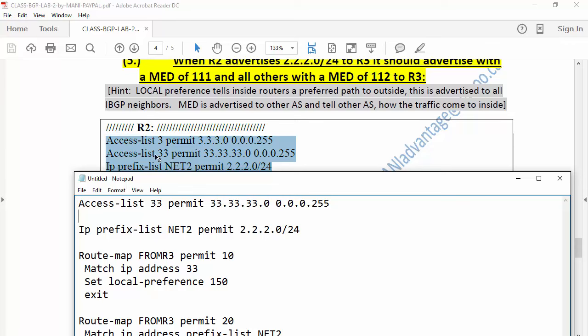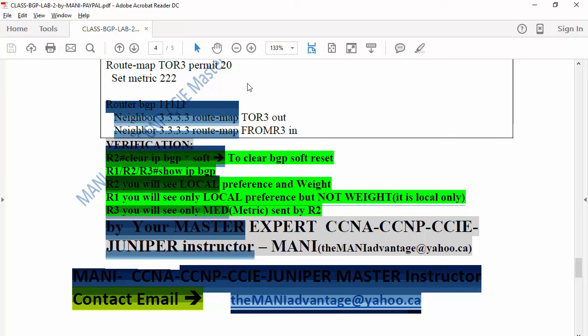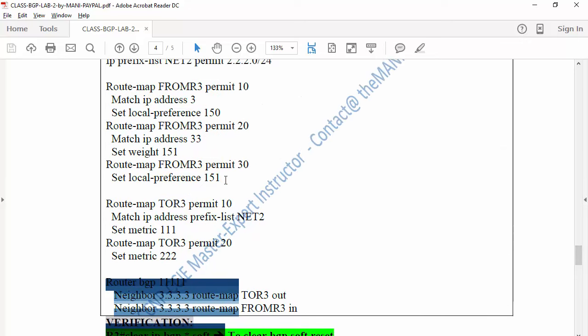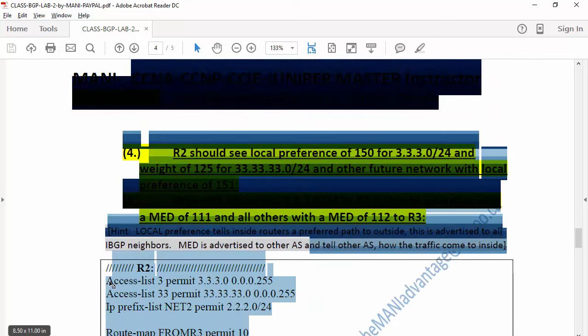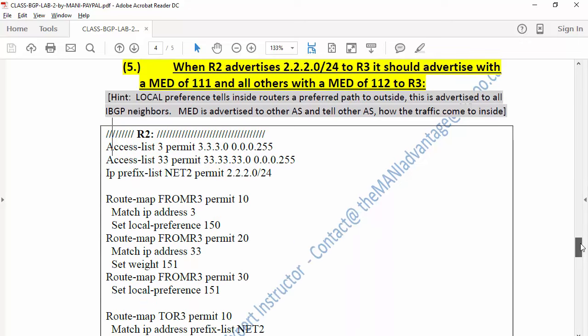Okay, so let's copy back one more time. I'm going to do it from R3.